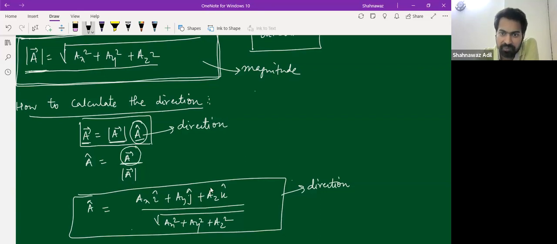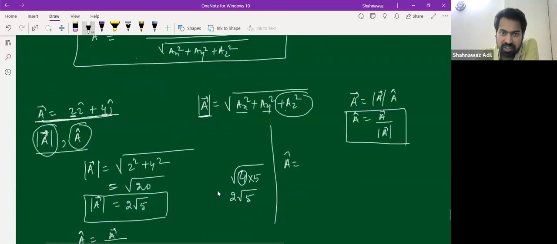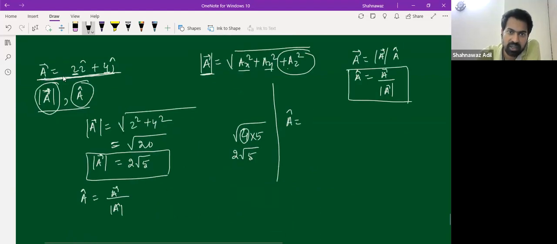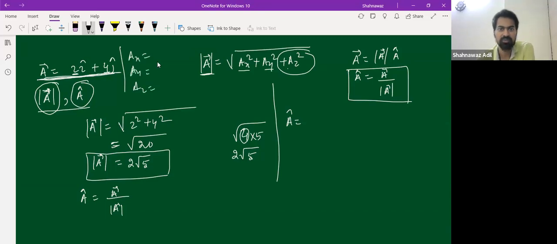So we have this vector. What is ax here, what is ay here, and what is az? Nabila, ax is 2, ay is 4, and az is 0.